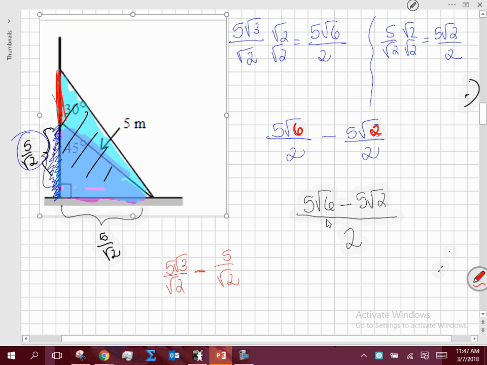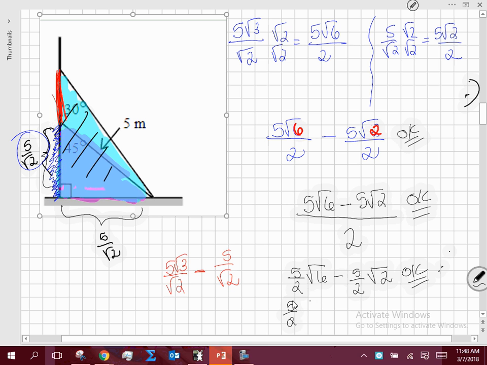That's an option. Or, this 5 radical 6 over 2 is the same thing as 5 halves times radical 6 minus 5 halves radical 2. What do they both have in common? So this is okay. This is okay. What do these two things have in common?